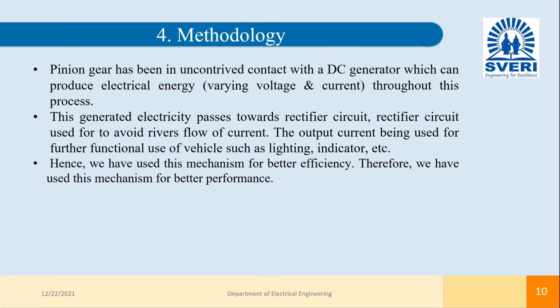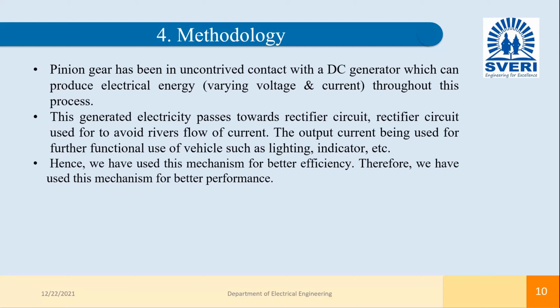The pinion gear is connected with a DC generator, which can produce electrical energy throughout the process. This generated electricity passes towards the rectifier circuit. The rectifier circuit is used to avoid reverse flow of current.